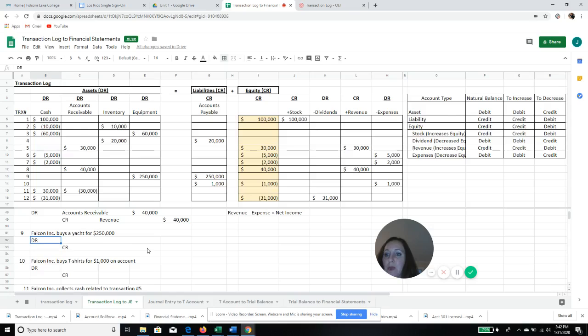All right, next we are buying a yacht, transaction 9. We increased equipment by 250,000. Equipment is an asset, so to increase, we debit. And we bought it on account, so we increased accounts payable, and we increase a liability with a credit.